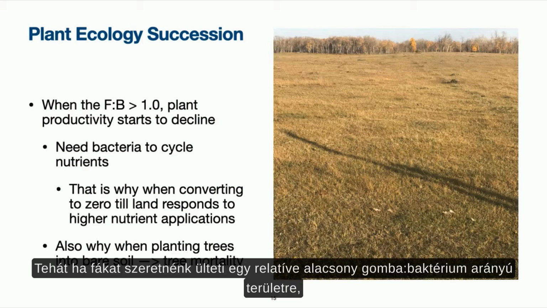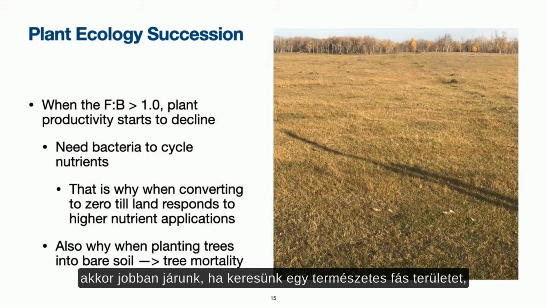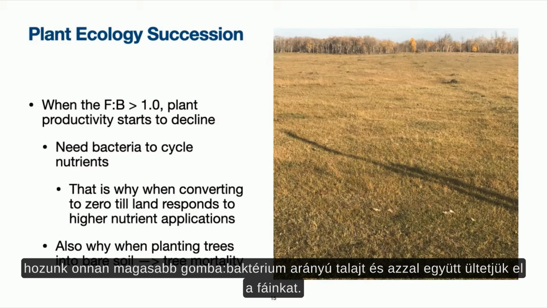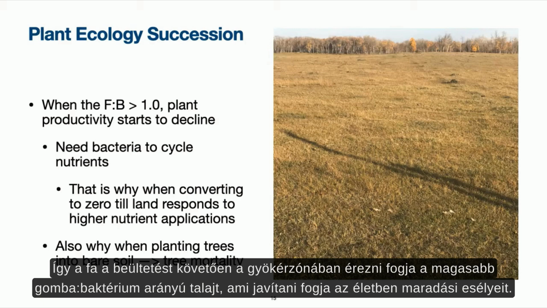So when we have a low fungal to bacteria ratio and we're trying to establish trees, go to an area with trees, grab some soil, dig your hole where you're going to plant your tree, and put that soil that you transplanted from underneath an established tree in it. This way, when you put the roots into it, the tree is going to think it's in the right conditions to grow, and so it should have better establishment.